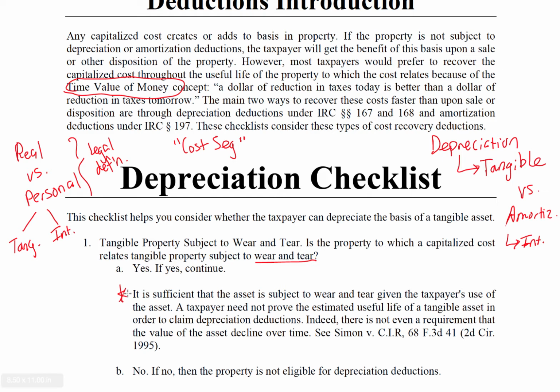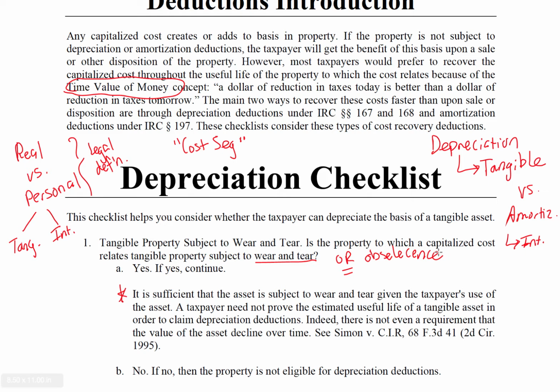Now, we're not talking about appreciable property like paintings that might go up in value over time or certain collectible items. We're talking about items that possess wear and tear or obsolescence, like technology, that over time becomes obsolete.